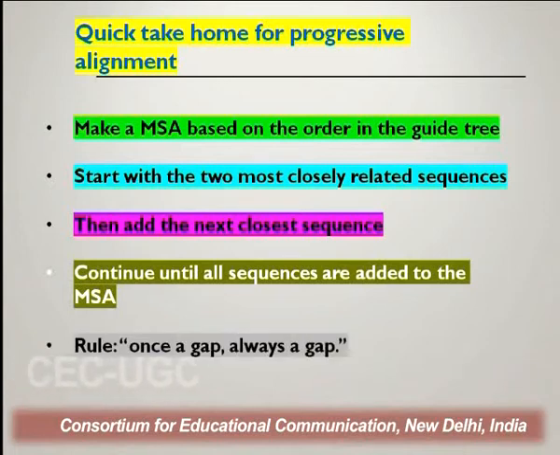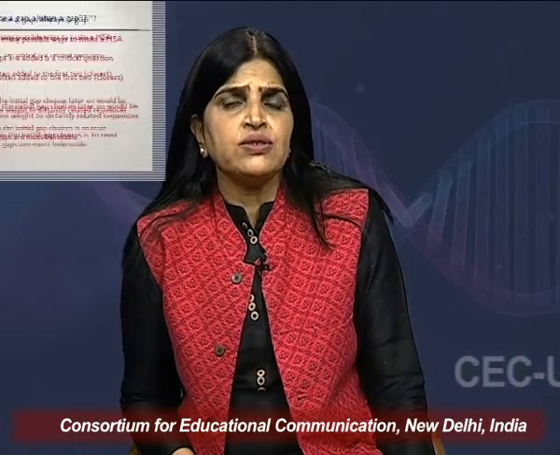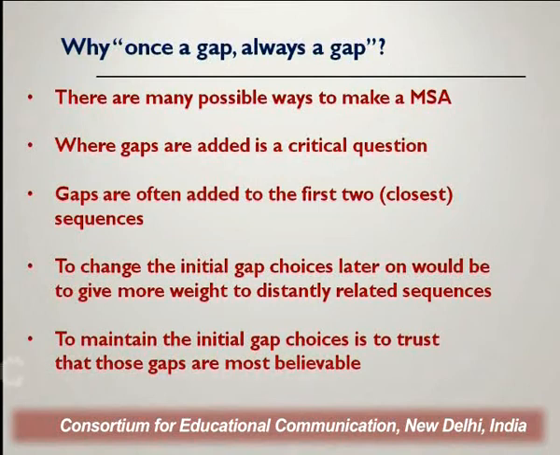And then the rule here is once a gap is always a gap. So making the alignment for the first two, once a gap is inserted, it is always a gap and will always be present. So there are many possible ways to make an MSA. Where gaps are added is a critical question.